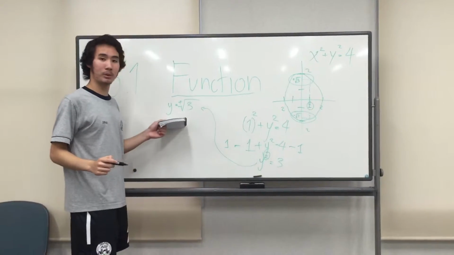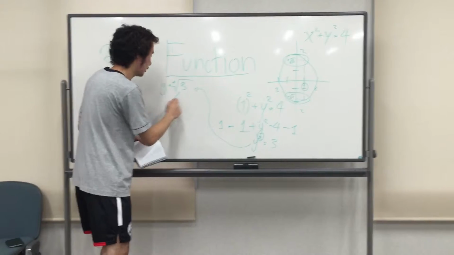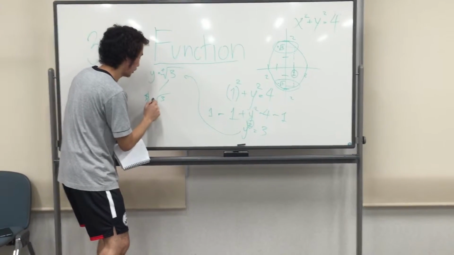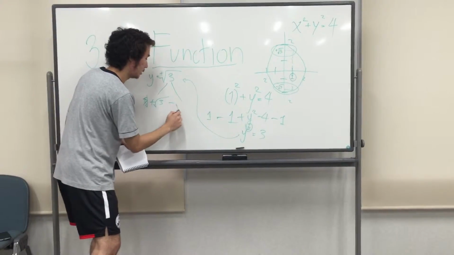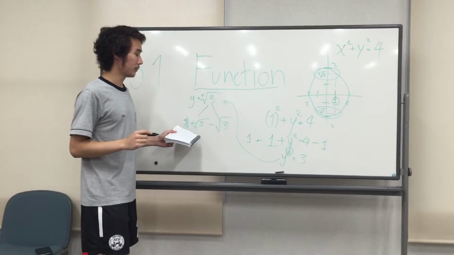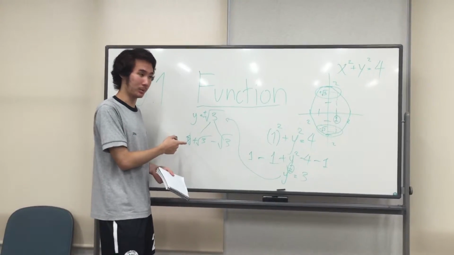Because the output that we get is plus and minus. So our answer is going to be square root of 3 and minus square root of 3. Alright? So we have two outputs for this input.